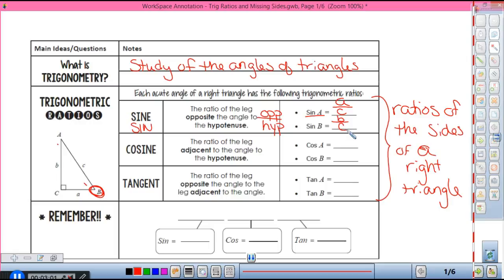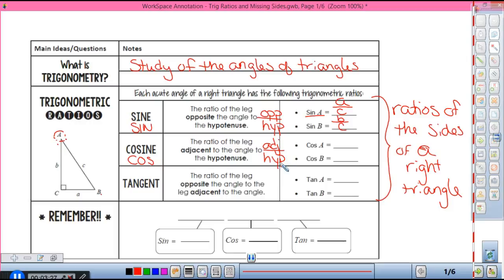Okay? Cosine, abbreviated COS, we're not talking about the cos of A, we're talking about the cosine. It's just an abbreviation for cosine. So now we're looking at A, and cosine is the ratio of adjacent to hypotenuse.